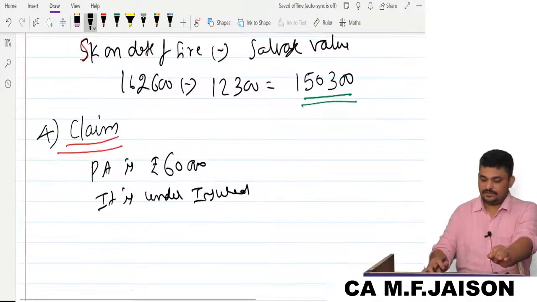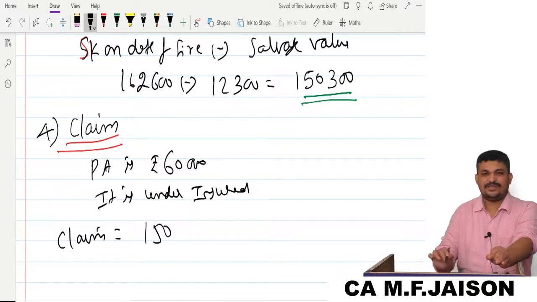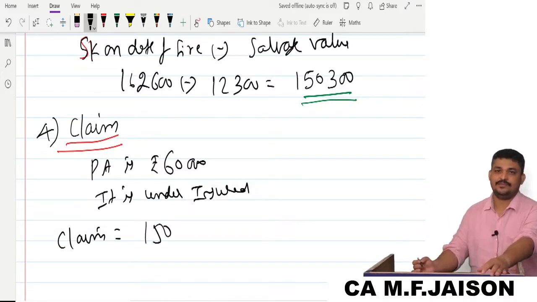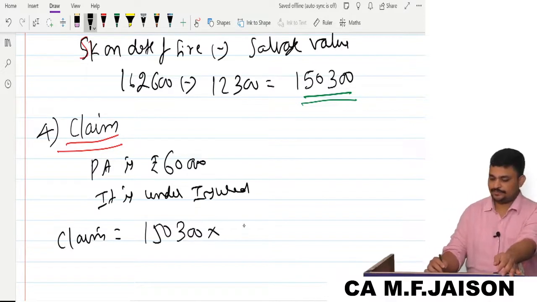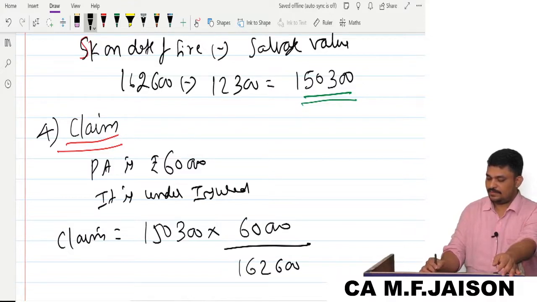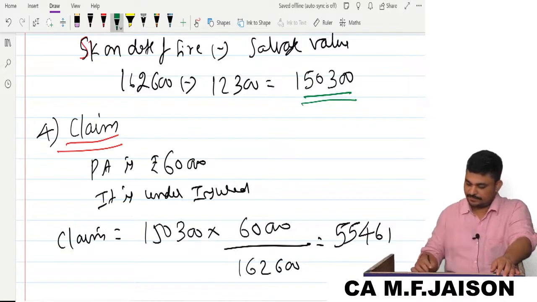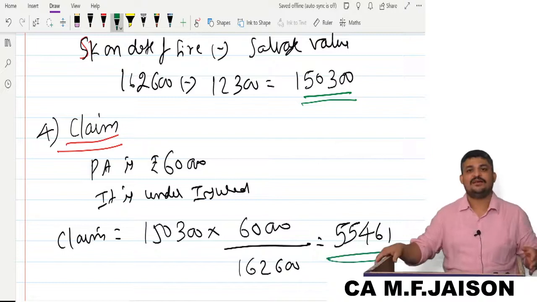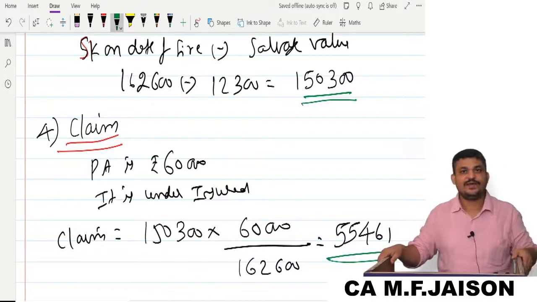So claim is equal to loss of stock into policy amount divided by stock on date of hire: 1,50,300 into 60,000 divided by 1,62,600, which is 55,461. This is how we arrive at this particular claim. I hope you understood this.